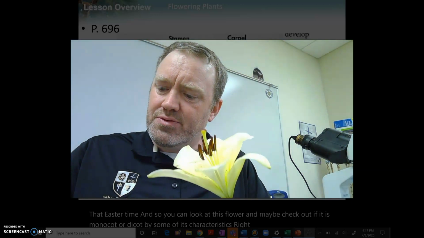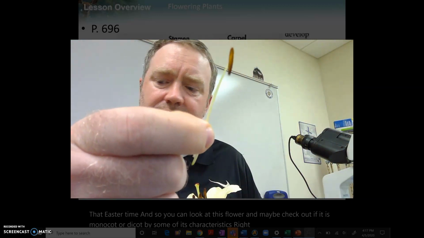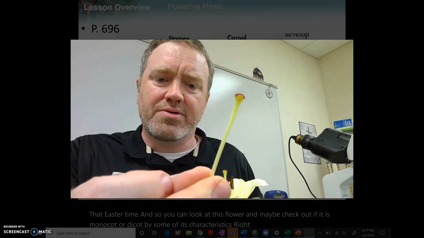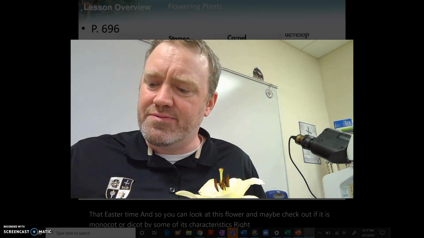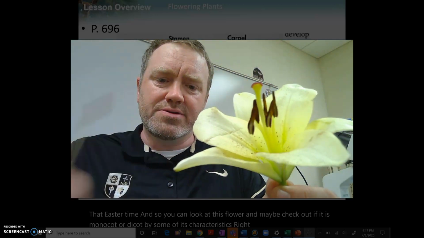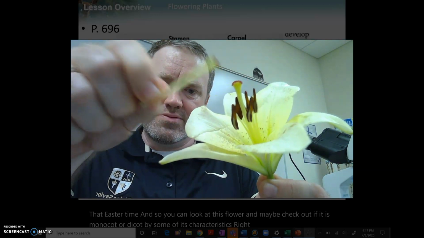Here's a little closer look at what the anther and the filament look like. Then you can also see the style. This is the female part of the plant. The female part collects the pollen from the anther, the male part. So you can see where the male part is, right? And then the stamen, the one that's right in the center there.